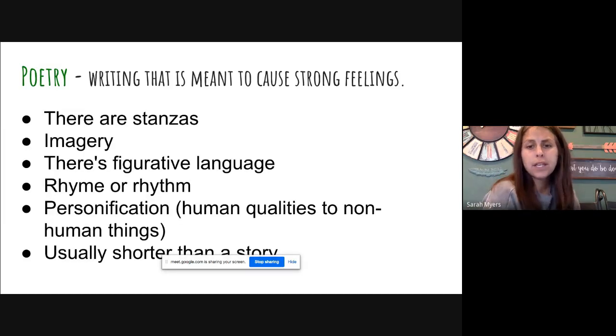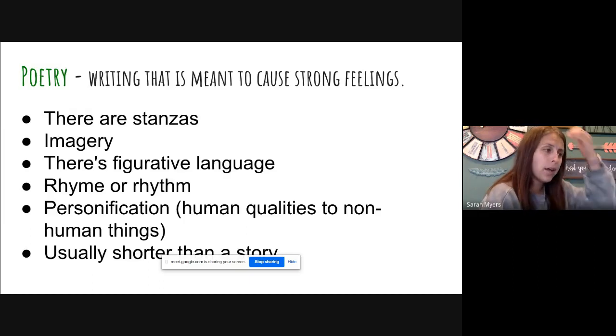There's a couple things that are different from poetry that regular writing doesn't have. So for example, there's stanzas. Instead of paragraphs that are broken into chunks, poetry is broken up into chunks, and we call those stanzas. There's imagery.